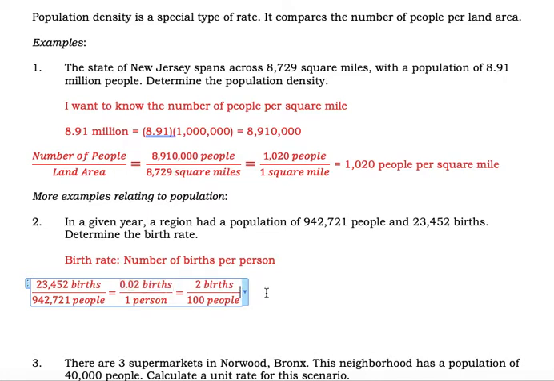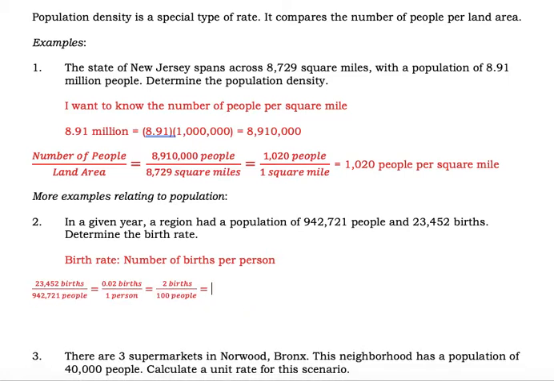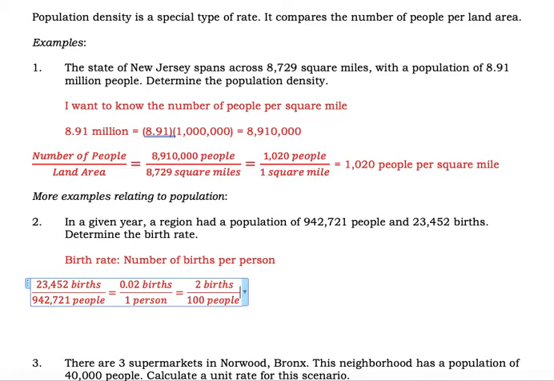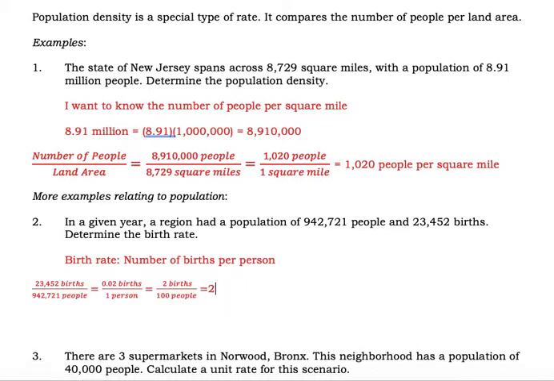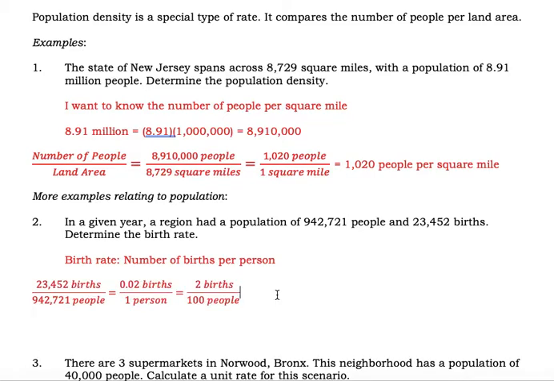So now this makes a lot more sense. Now I can basically say there are 2 births for every 100 people in this region.